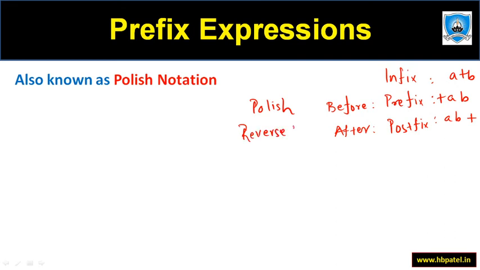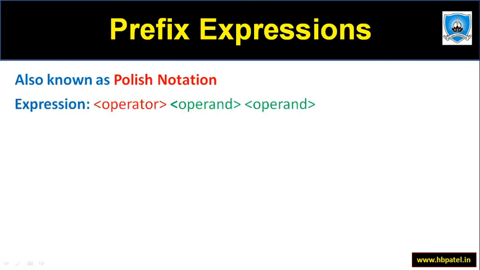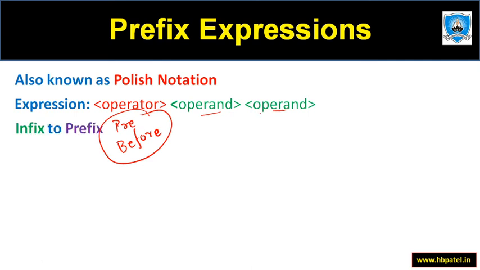We'll be doing this in detail in our next video, but at this point let us start with prefix expression, that is Polish notation. Here the operator is first, because pre means before. So the operator would come first and then the operands.